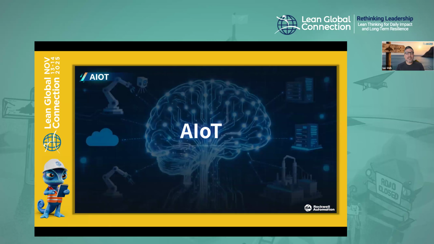In addition to that, based on the technology evolution as we go, previously we had a lot of things related to digital transformation, which is the combination of operation technology and also information technology.